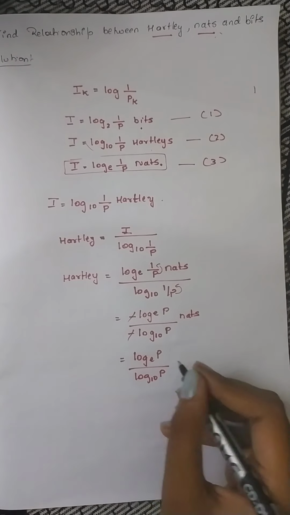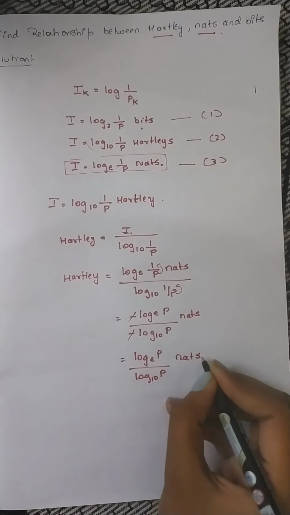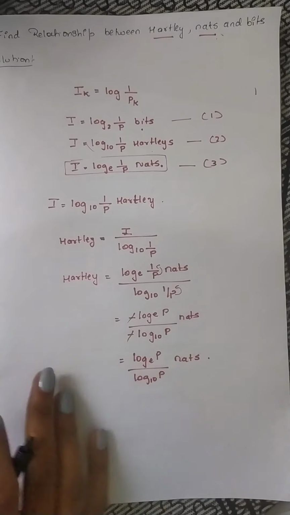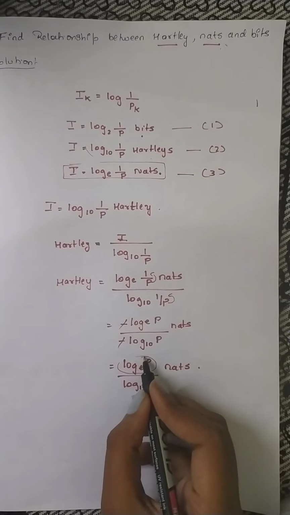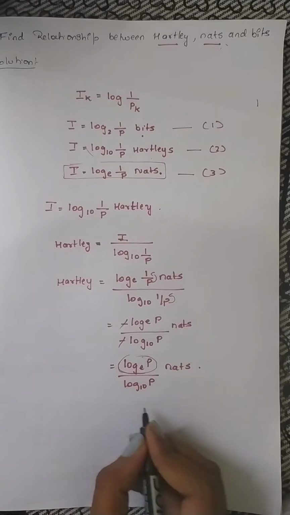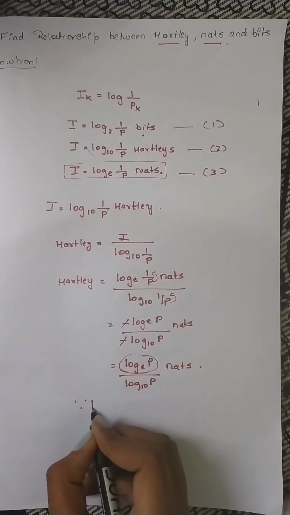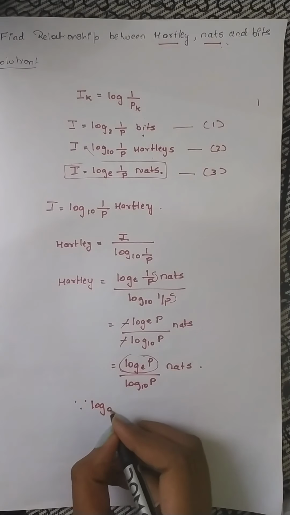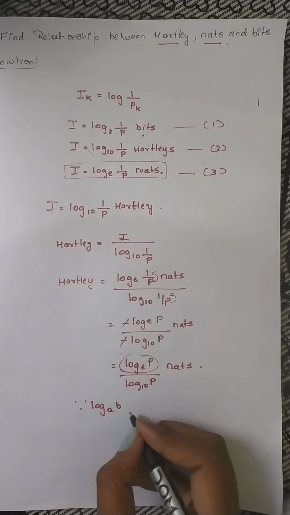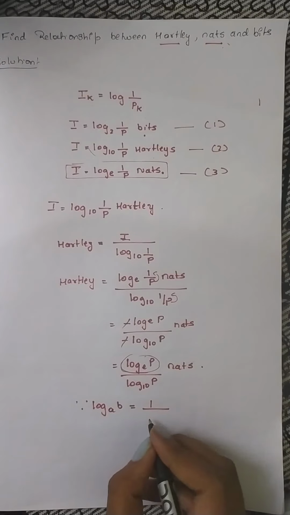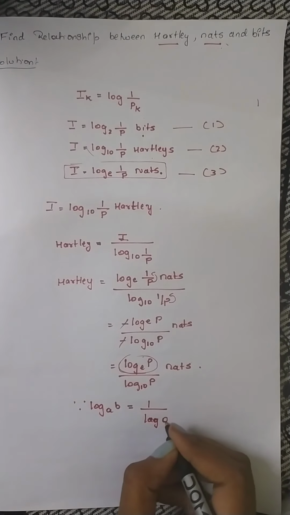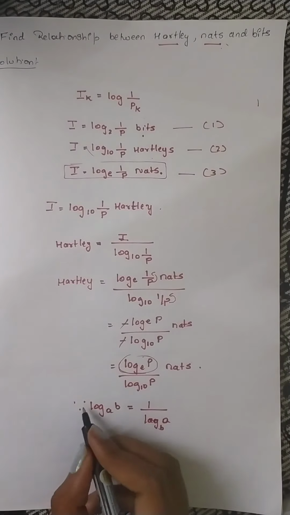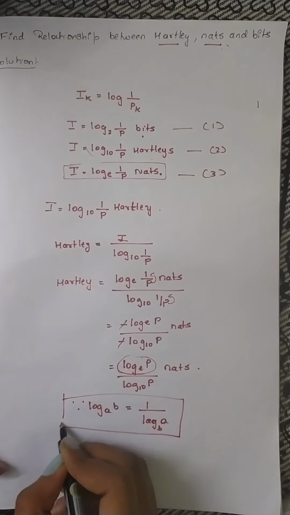Now I can rewrite this log to the base e of p using the formula: log a to the base b is equal to 1 by log b to the base a. So this is the formula.